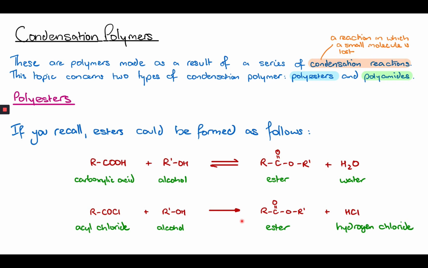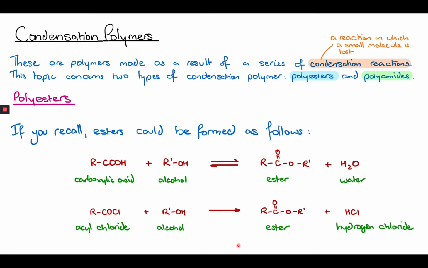Please never use the word poisonous. Of course, we could use that hydrogen chloride usefully. We could make hydrochloric acid out of it, but often it's the toxicity we're thinking about, or the dangerous aspect of it. But the advantage of using the second method is that we go all the way to completion. We haven't got this equilibrium where we've got a mixture of reactants and products. Okay, so that's just a reminder of what we know about esters already.